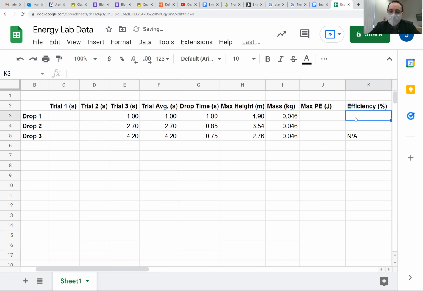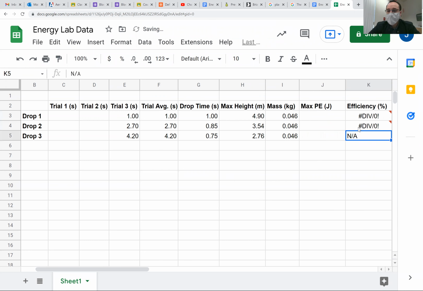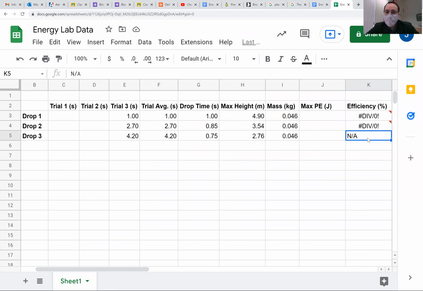So here we go: equals J4 divided by J3, all times 100. And then this one equals J5 divided by J4, all times 100. Just like that. That's how we're going to get our efficiency values, and that's been plugged in for you.